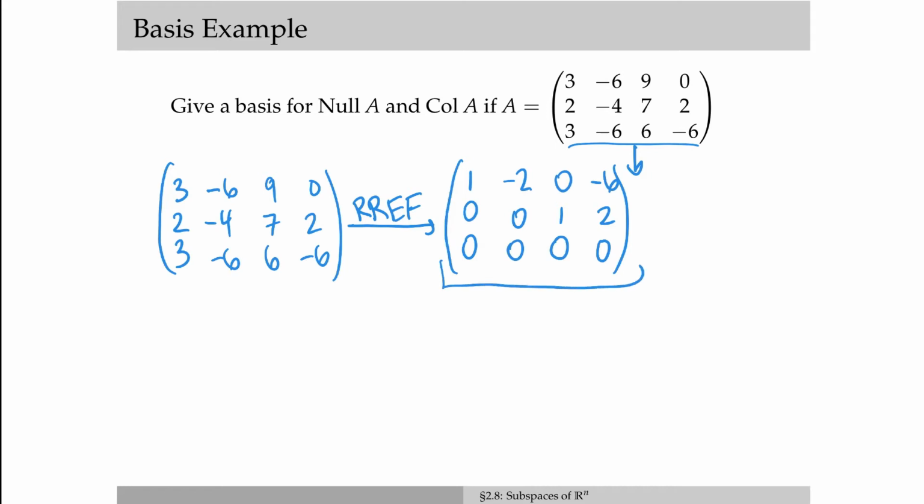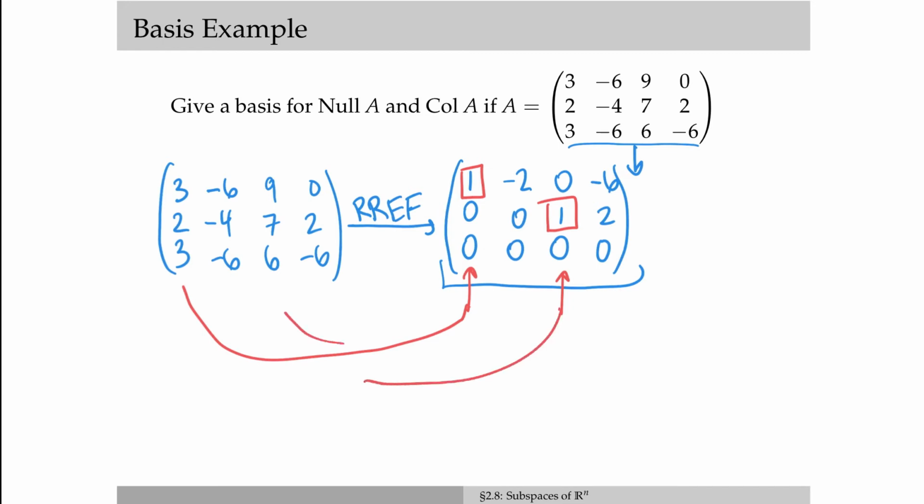What I want to do immediately is identify the pivots. There are only 2 of them. Now what you should think about is these 2 pivot columns correspond in this manner, as we see here.